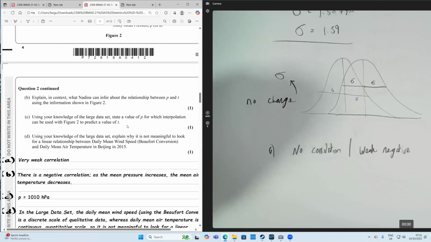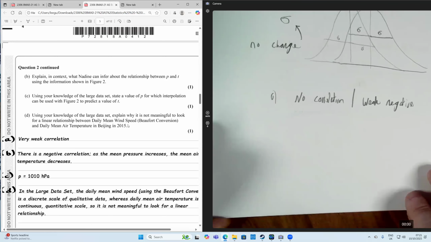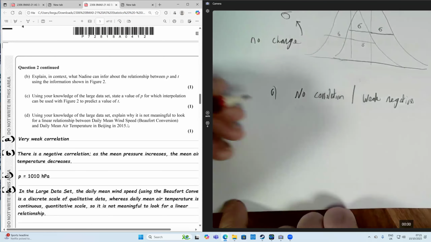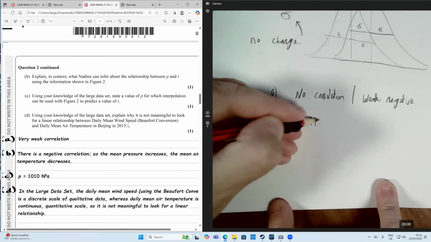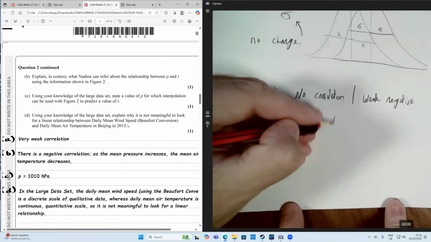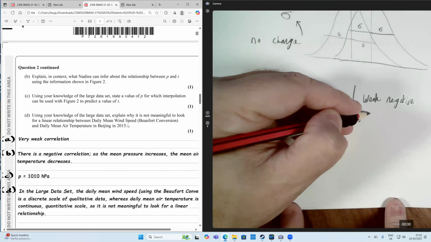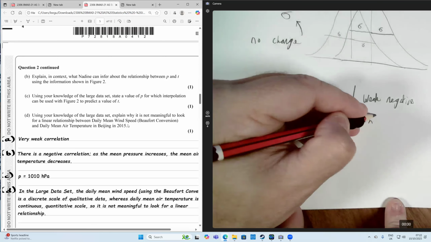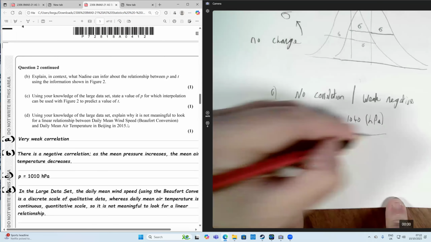So in essence, what they're looking at here is for us to understand from the large data set what's a range of values of pressures. Well, in the large data set, the pressures are going to be ranging from somewhere around about 990 all the way up to about 1040 hectopascals. Okay, so that's our range.